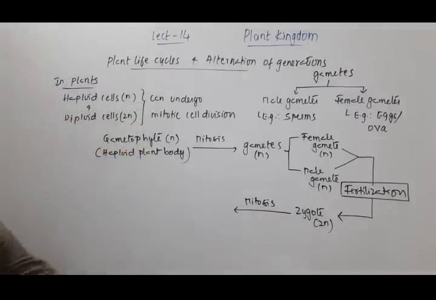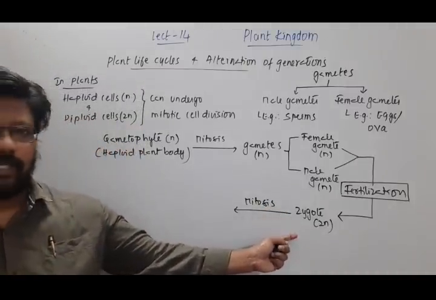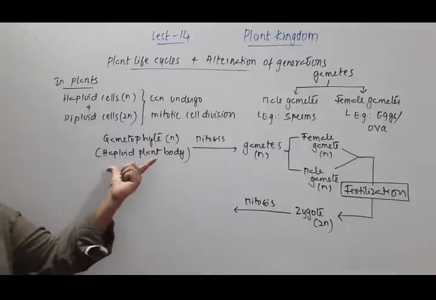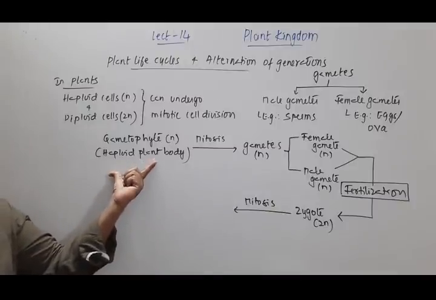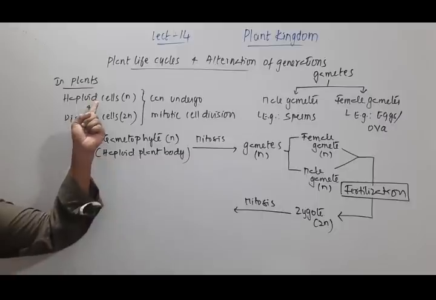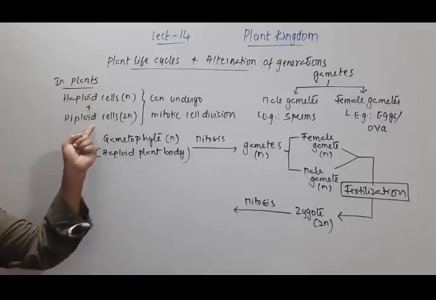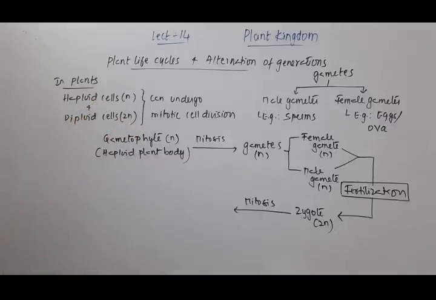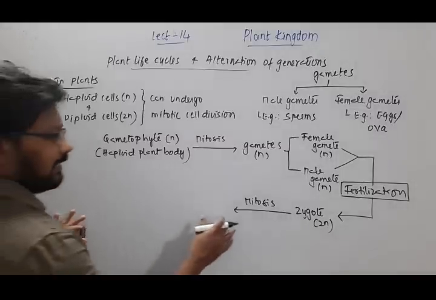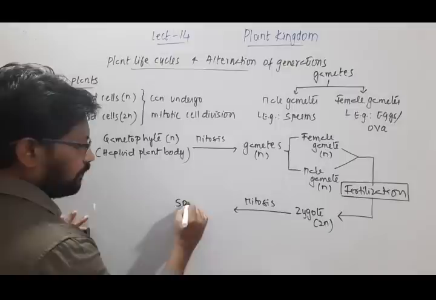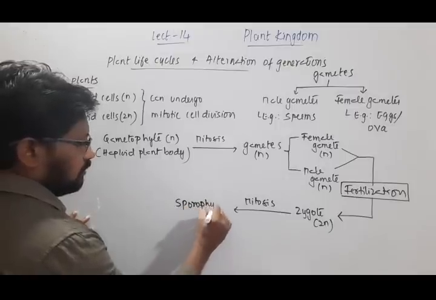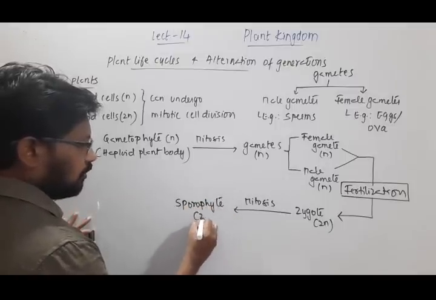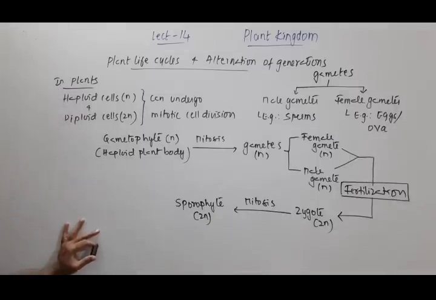Now this zygote will undergo mitosis. You can see the zygote is a diploid cell, and the gametophyte is haploid. So I mentioned haploid cells and diploid cells both will undergo mitotic cell division. The diploid cell, that is the zygote, will undergo mitosis and develops into the sporophyte, and this sporophyte will be diploid.